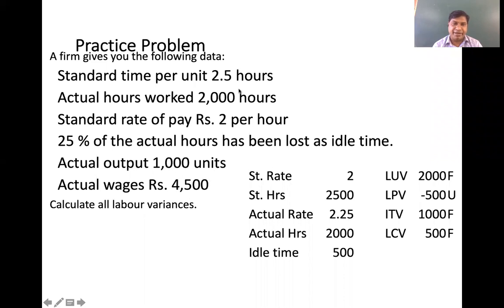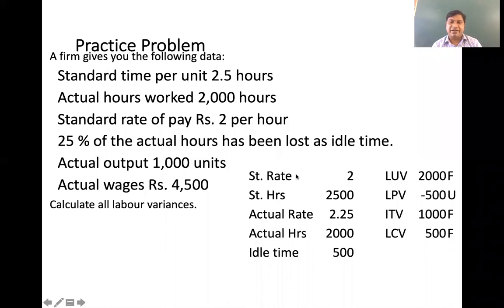What is that actual rate? The actual total wages divided by the number of hours worked gives you the actual rate. Rate means per hour. This is 2.25 per hour. And how many actual hours are worked? 2,000 hours are worked.